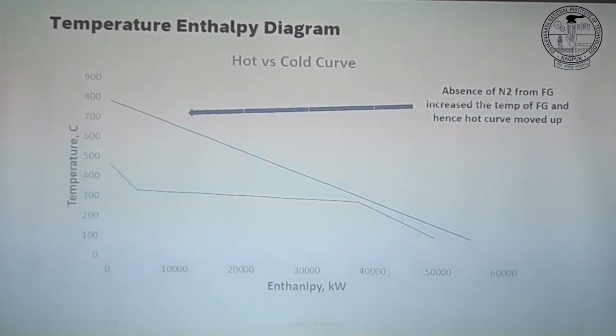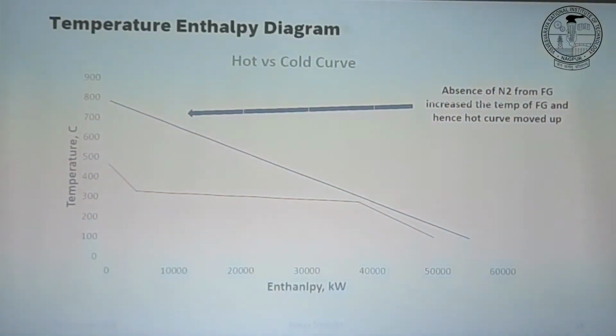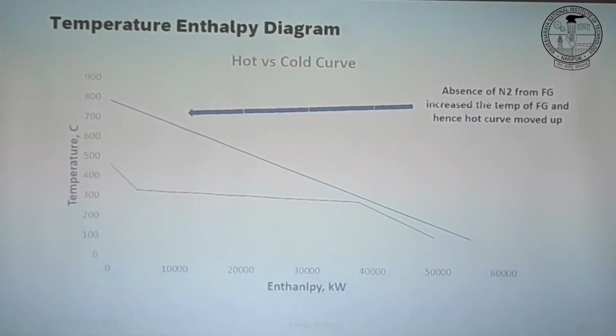You know this equation, Q is U A LMTD. And LMTD is nothing but the average temperature difference between hot and cold side. You can have an arithmetic mean, or other ways of calculating a mean, and log mean is the best approximation, as was said yesterday.